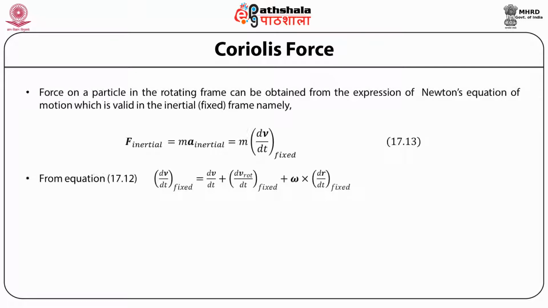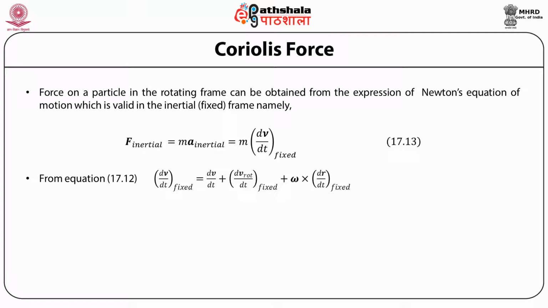Now, the force on a particle in the rotating frame can be obtained from the expression of Newton's equation of motion, which is valid in an inertial frame. Namely, F inertial, Newton's law says that the force in the inertial frame is equal to mass into acceleration in the inertial frame, acceleration being the time derivative of velocity in the fixed frame.